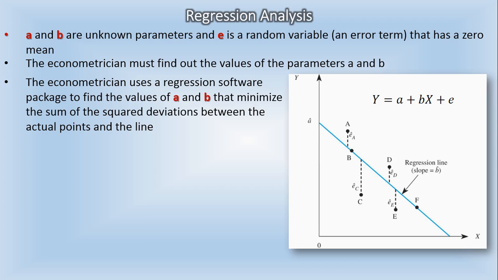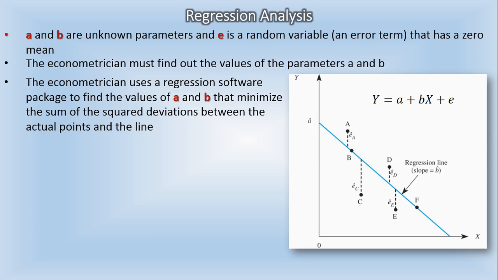So it looks at the distance between the point and the line that we're looking to estimate, and the line represents the minimum amount of distance between all the points and this hypothetical line that we believe exists there.